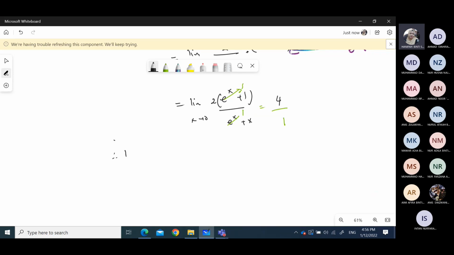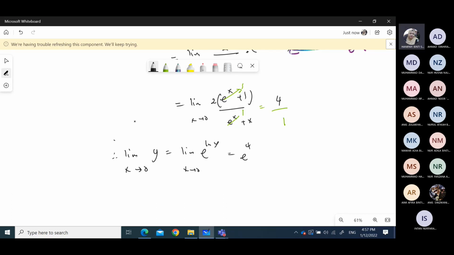Okay, so therefore, limit x approach to 0 for y, it is about limit x approach to 0 for exponent natural log y, and it is equivalent with limit x approach to 0 for exponent natural log y. Adalah exponent 4.